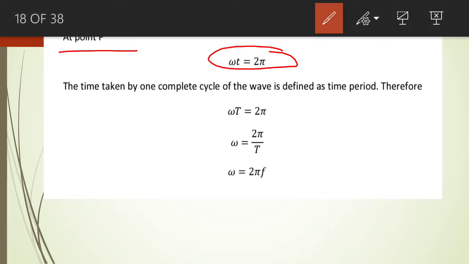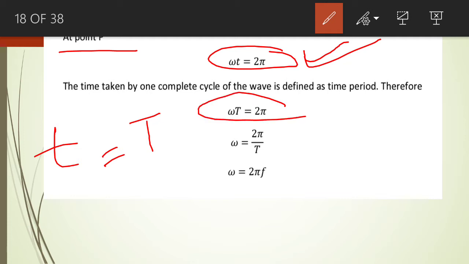So we know that at point P, the value of t is equal to capital T, which is the time period. So we put the value of small t in this particular equation, and we get omega t, which is equal to 2 pi. And omega will be equal to 2 pi by T.